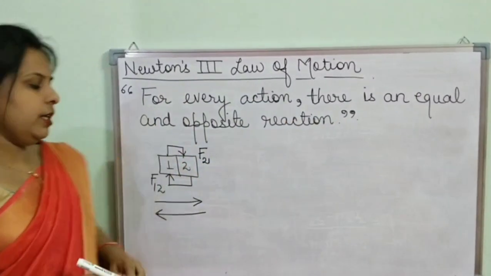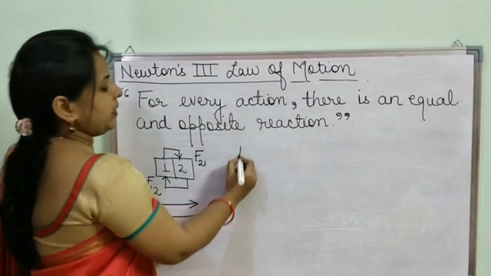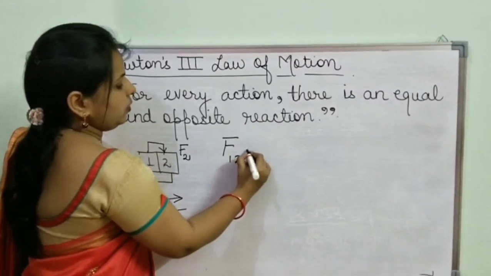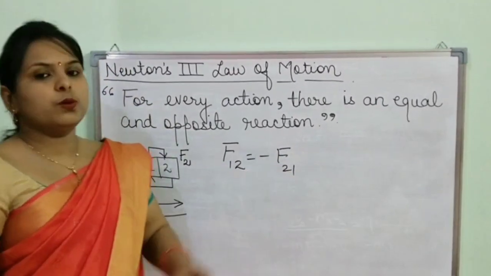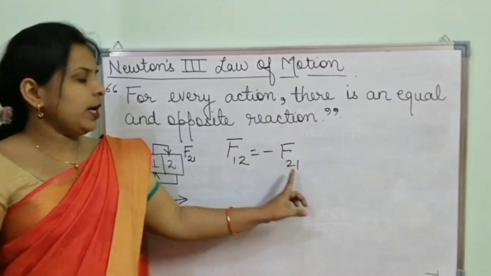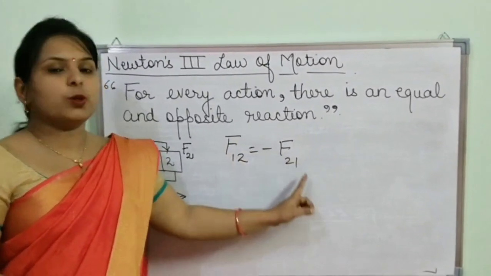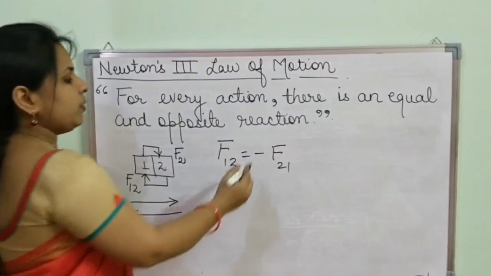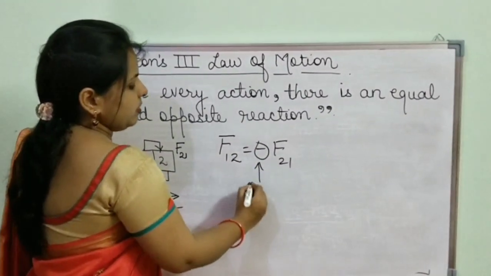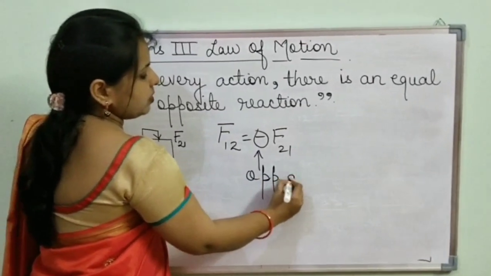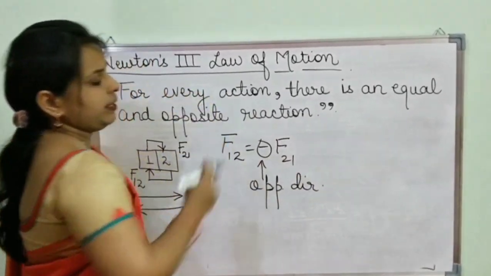And how mathematically you can write? Mathematically you can write it as F12 is equal to minus F21. F12 and F21, the magnitude of both the forces will be equal. But what does this minus sign signify? It signifies opposite direction.